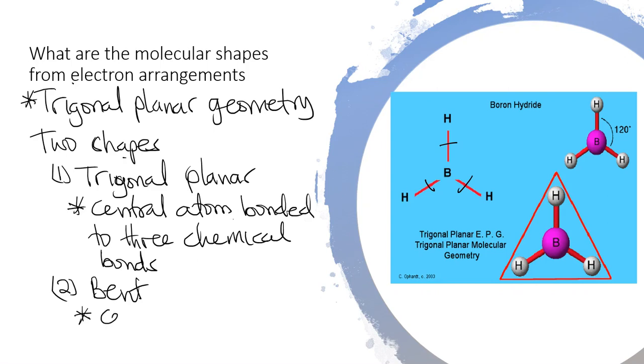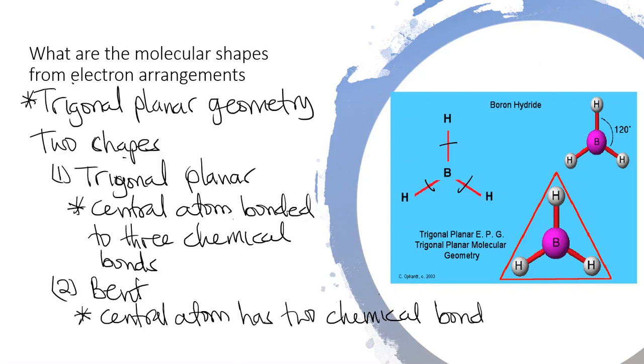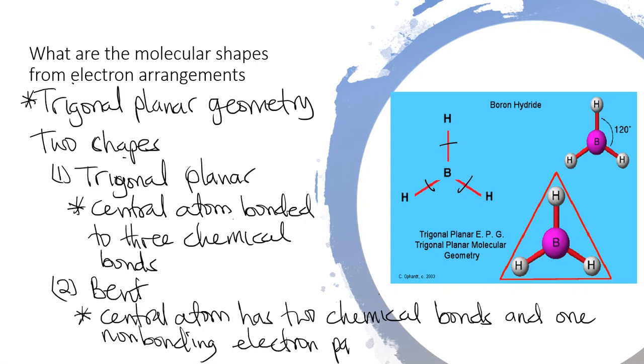So in this case, the central atom has two chemical bonds and one non-bonding electron pair.